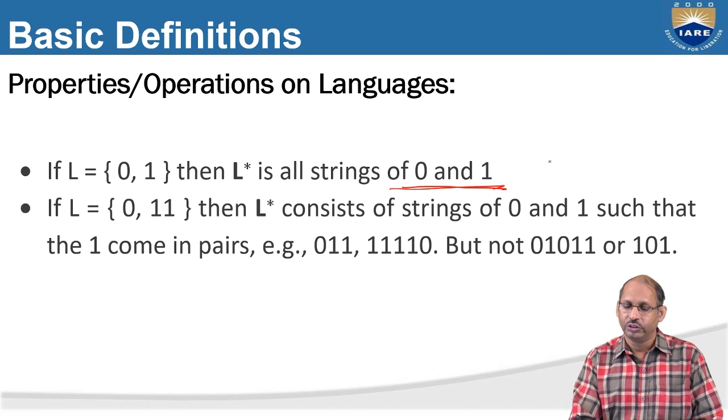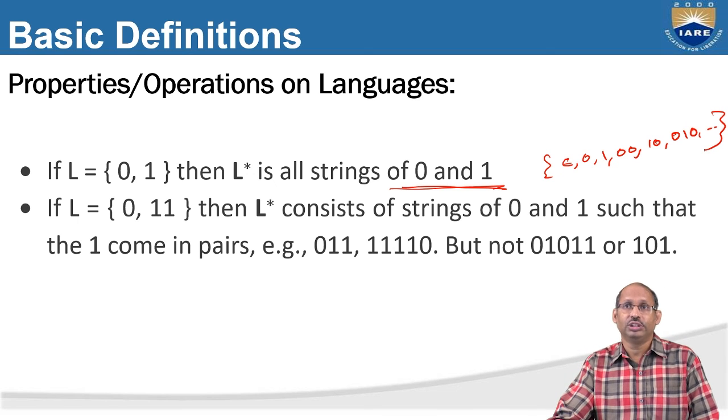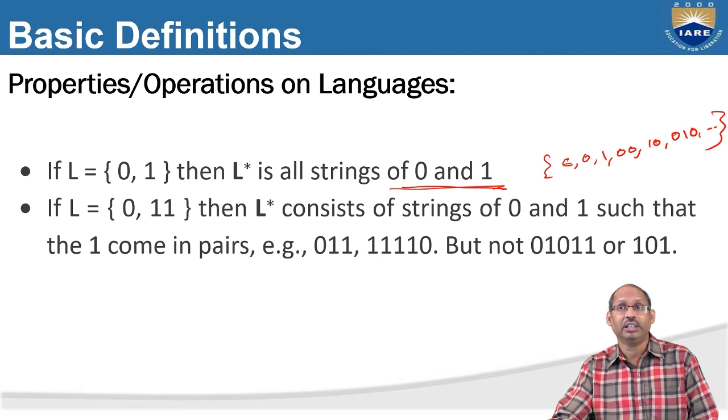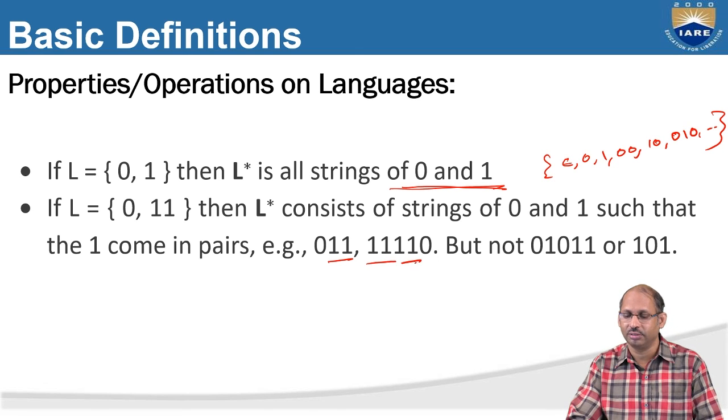So it might be epsilon, 0, 1, 0 0, 1 0, 0 1 0 and so on. Now 0, 1, 1 is a given language. It consists of all the strings of zeros and ones such that the ones come in pairs. The ones should be in pairs: two ones, two ones, two ones.